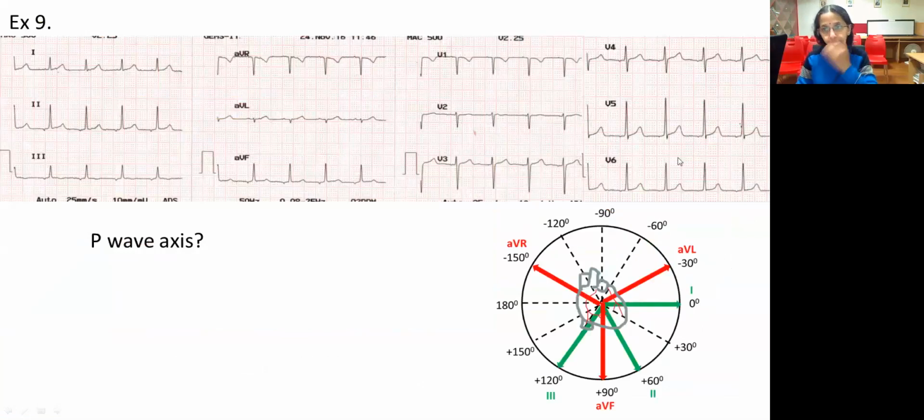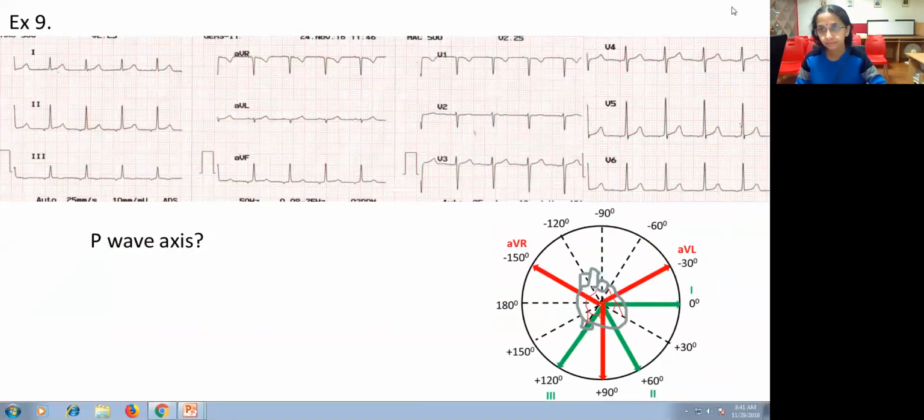Okay, here can you find out the P wave axis? So I'm getting different answers, 30 to 60 degrees, upward, left.